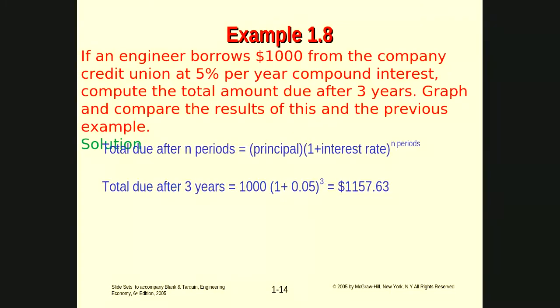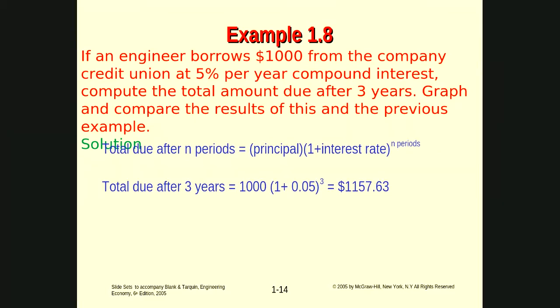Okay, let's see an example. The 1000 from the same exact example from the last one that we used in the simple. Again, 3 years, and at the end he wants you to see what is the total paid. See now the difference.